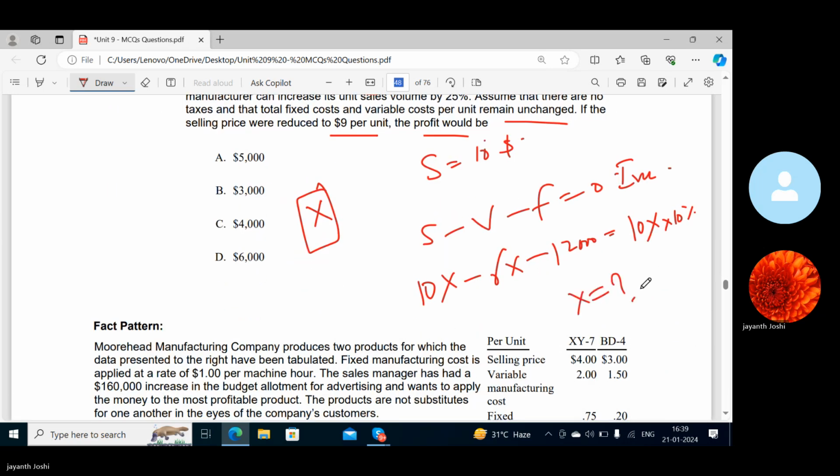Number of units. 4,000. 4,000 units is the sales they want to do.